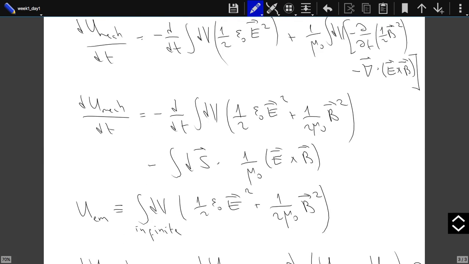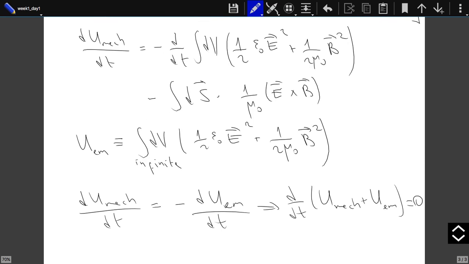Now we will do that one. You see, if I don't take the volume to be infinite over here, well, that would basically mean that I'm not taking all of the energy stored in the electromagnetic field, but only the energy stored in the electromagnetic field within this volume. Some of the energy will be outside.